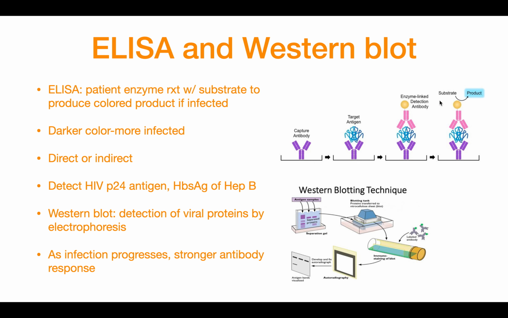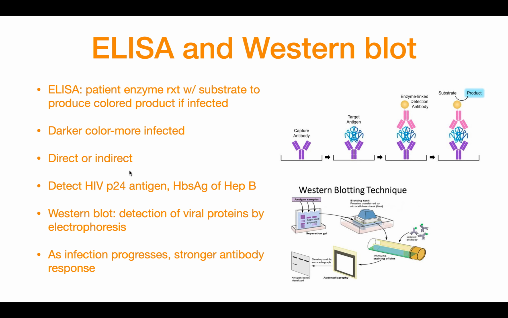So if bound, the substrate is going to produce a product, and it's going to make the vials cloudy, and it's going to make a color. So the darker the color, the more the product. So there is a stronger attachment of the antibodies.